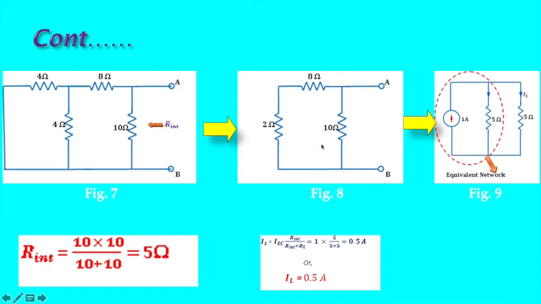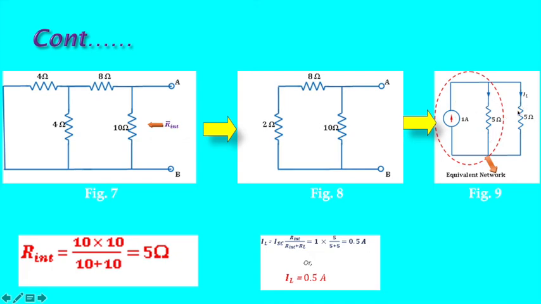Follow this figure. As per Norton's theorem, the equivalent source circuit would contain a current source in parallel to the internal resistance, the current source being the short circuit current ISC across the short circuit terminals of the load resistance. So this is the equivalent Norton's circuit diagram.